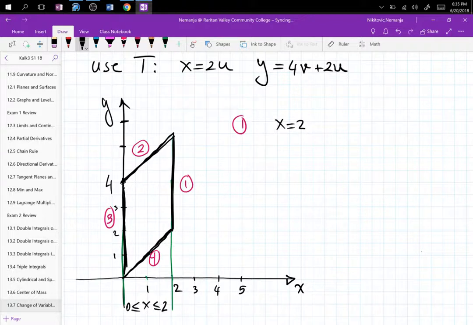It's supposed to be 2 to 6. Did I miss? Yeah, I missed the tick marks. There we go. So y is stuck between 2 and 6.